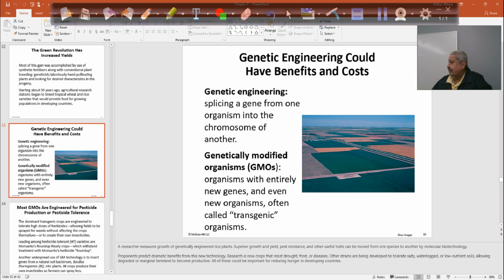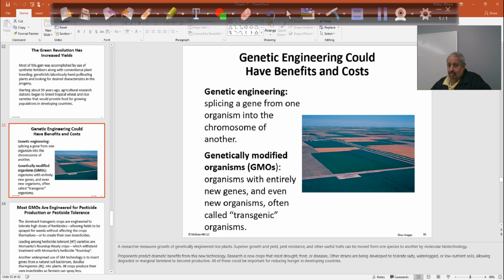Human to human, fish to fish, and plant to plant. You cannot cross from human to plant. That will not work because our DNA, our chromosomes, are not the same.